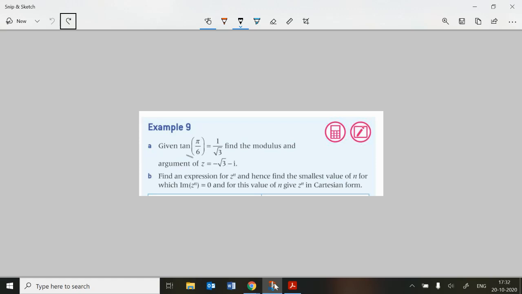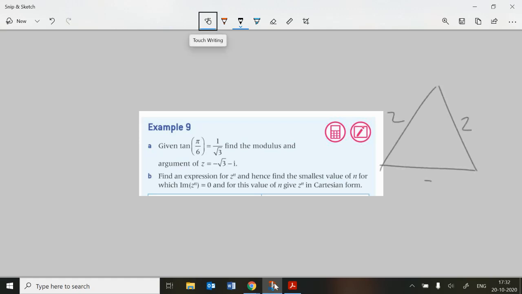But anyway, this one says given tan of theta is pi divided by 6. So remember, pi is 180 degrees. So it's talking about tan of 30 degrees. And there's one of our ratios for special values of theta. And we can get that out, by the way, from this triangle here.